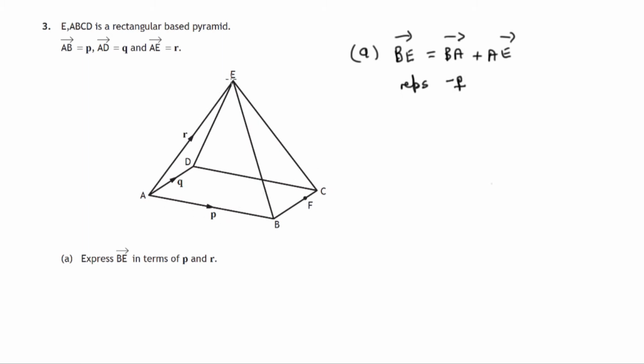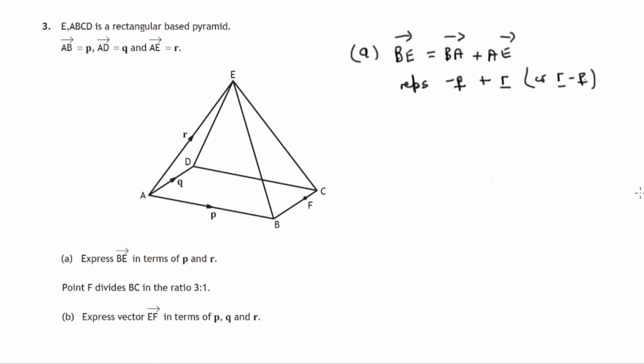And that's perfectly peaceful, we're going with the arrow, so that represents R. So BE represents negative P plus R, or R minus P. It doesn't matter which order they're added in. So negative P plus R for BE.